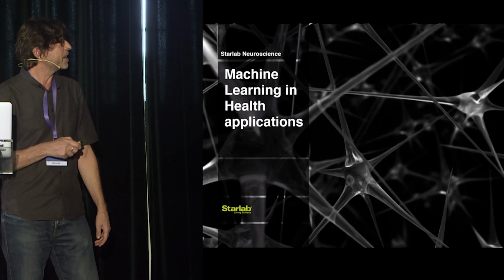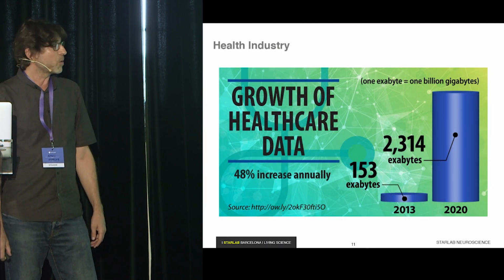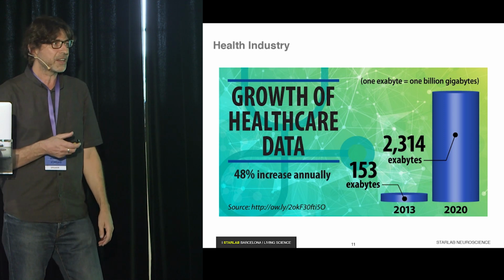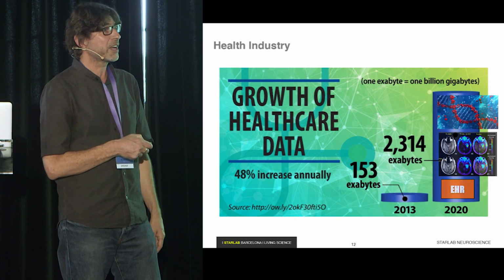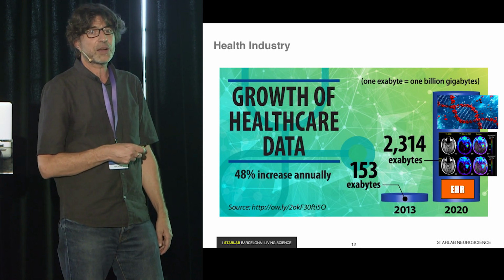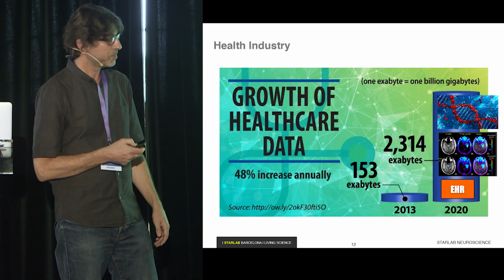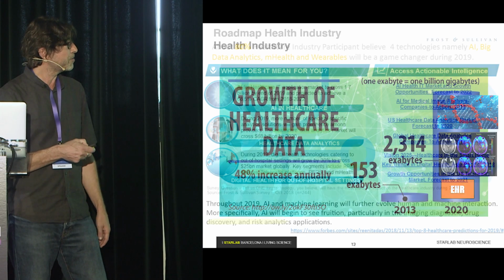Why is this interesting? Applying machine learning in health, I will give you some data. For instance, the 48% increase annually in health care data. We are talking about genetic data, neuroimaging, but also electronic health records. So this is a very interesting fact.